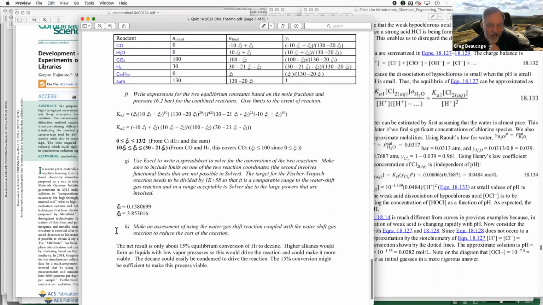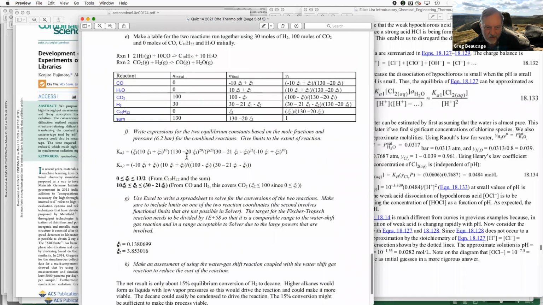So for that reaction, if this is 1, that's 100% conversion. People were getting like 5 for that, and they were saying it wasn't enough conversion. That didn't make any sense. So you have to sort out what these conversions mean in terms of the reaction. But 15% doesn't seem very good.